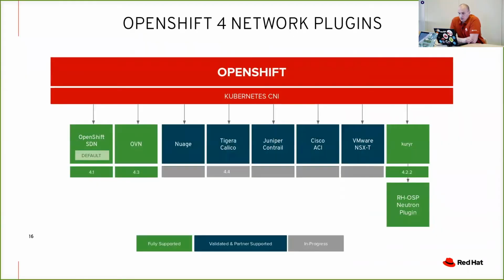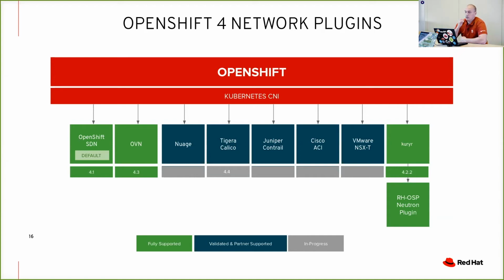Okay, so maybe a few words about the networking in OpenShift. Yeah, so the networking in OpenShift follows the Kubernetes standard. In Kubernetes, we have CNI, the container networking interface, which allows you to plug in different CNI plugins, which provide the networking layer to allow communication between the pods running in Kubernetes.